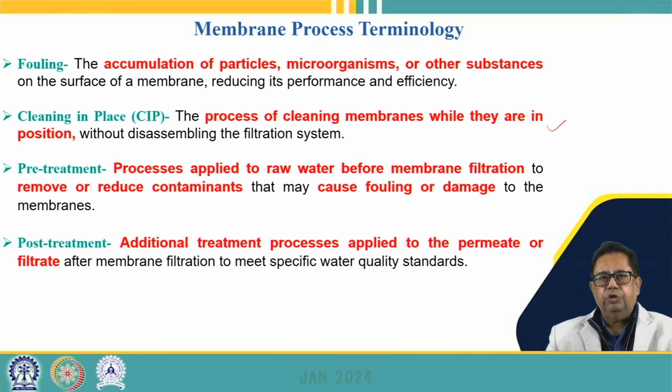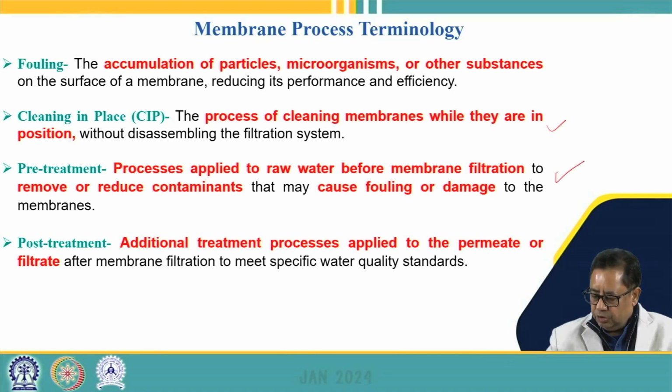Otherwise we have to take the membrane out of the system, disassemble the system, stop our operation, and then clean it by different processes. For example, we can go for physical cleaning, where we use only water for cleaning the membrane surface, or we can also use chemicals to bring the flux back to its original position. That is known as out of place cleaning.